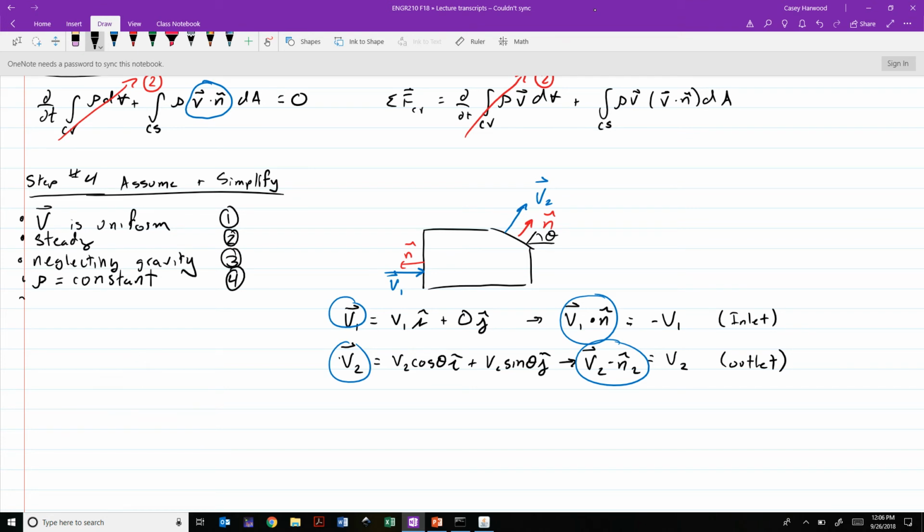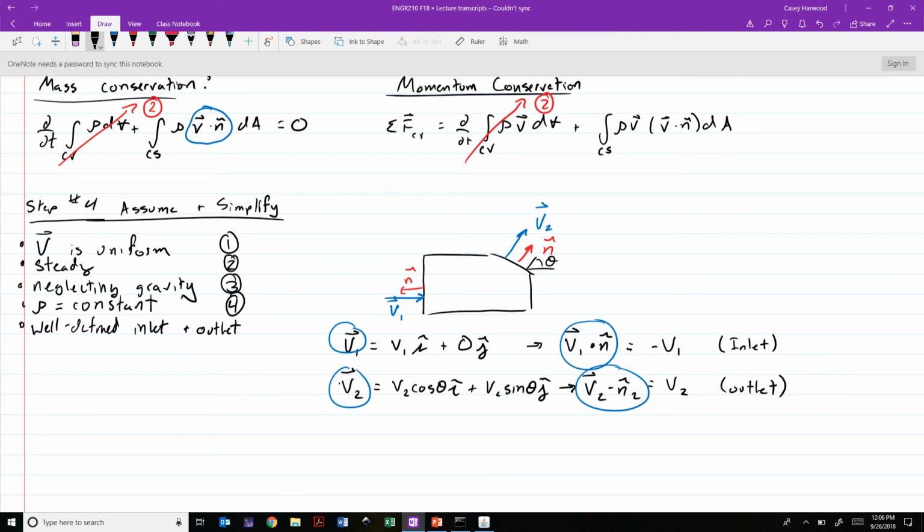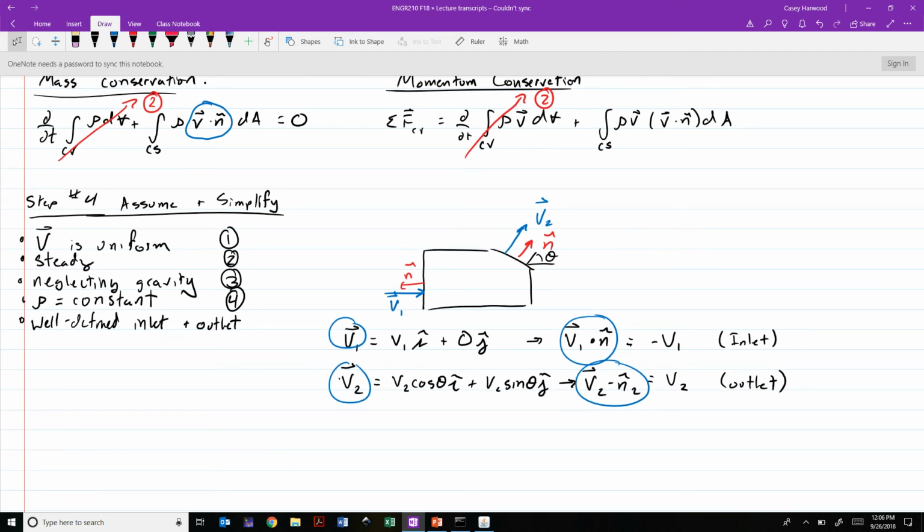The final simplification we can make is that we've got a well-defined inlet and outlet, which I should have included earlier, but this is going to allow us to split this integral right here into an integral over the inlet and an integral over the outlet portion. So we dealt with the fact that B is uniform, that this flow is steady.